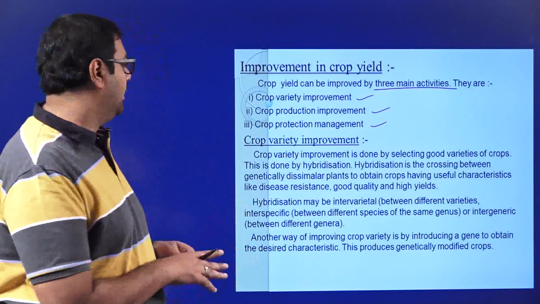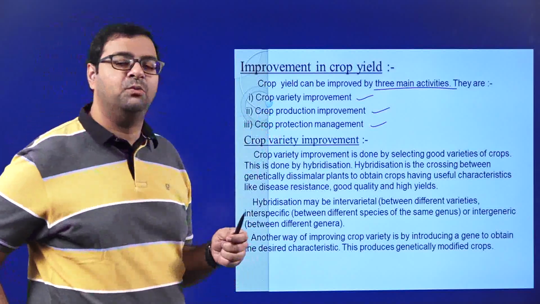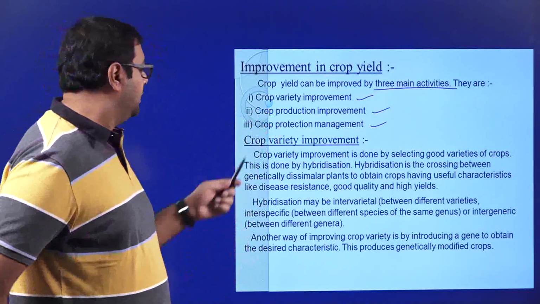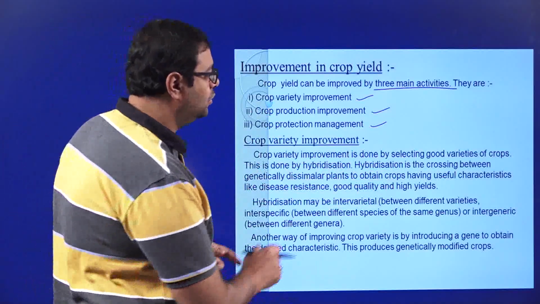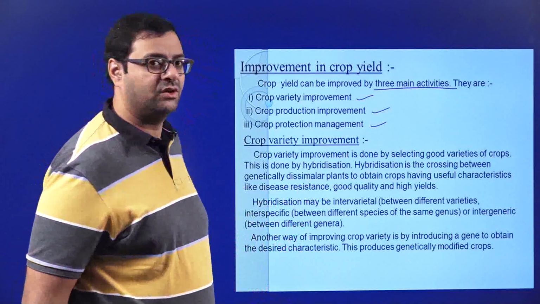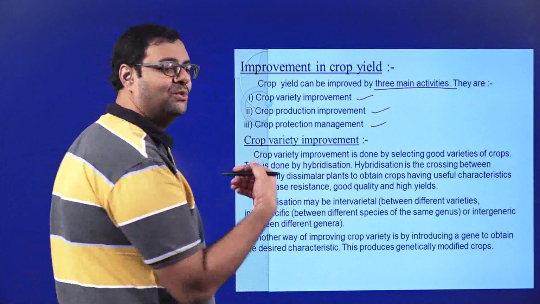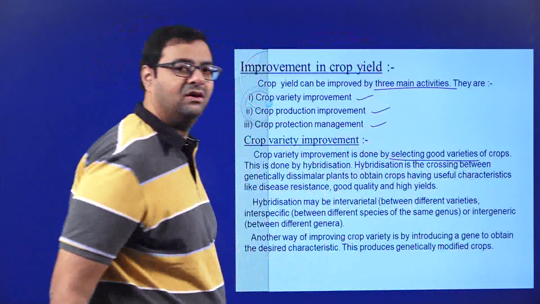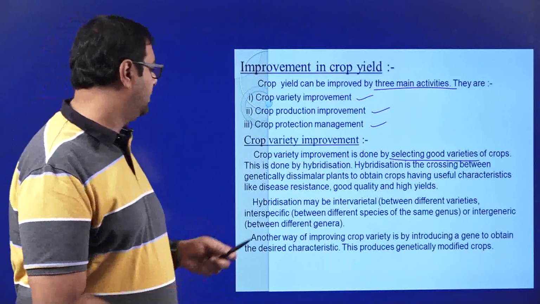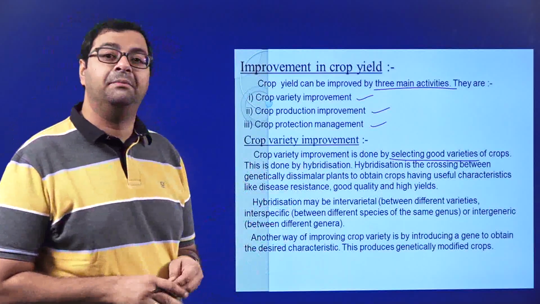Now we'll look at the first one, crop variety improvement. Crop variety improvement is done by selecting good varieties of crops. Obviously, if you have to improve the crop, you have to select good varieties. This is done by hybridization.